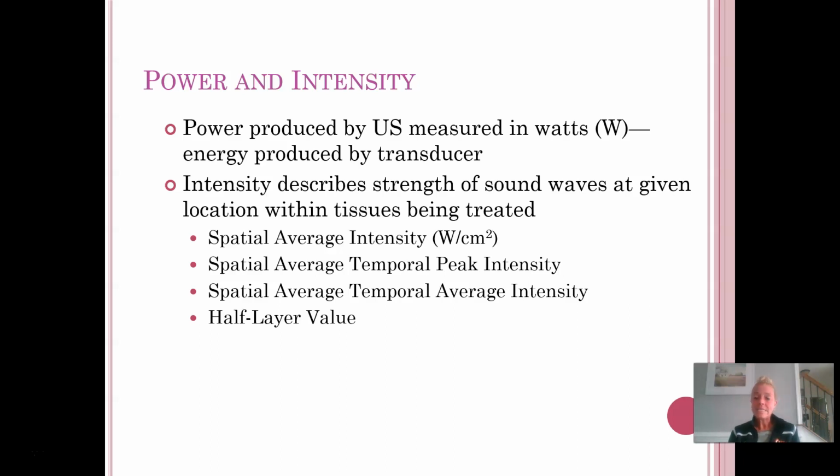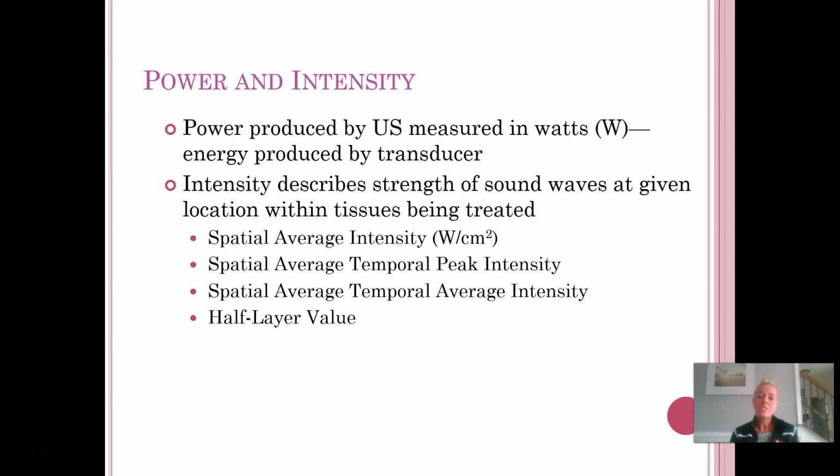There is a peak intensity. We're going to use what we call the beam non-uniformity ratio, or BNR, to figure that out. There are whole separate slides about that coming up, so we'll talk about that a little bit more. But again, there's an average intensity that your patient's going to be receiving over the course of treatment. That's what you set into the machine. But there is a peak intensity, so there are times where the patient's actually receiving more energy than that.